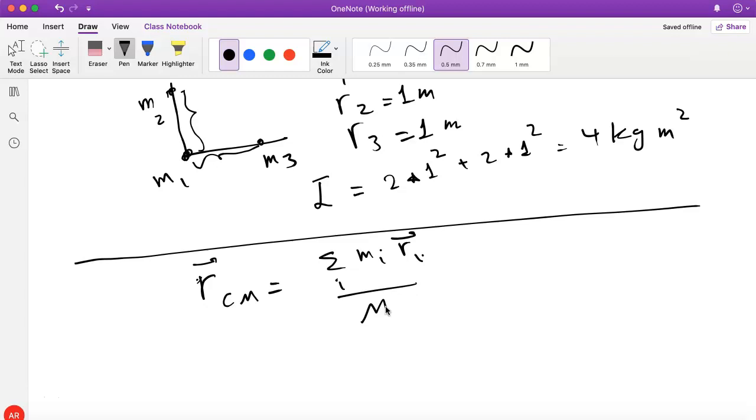If you just fix your coordinate system, you find where the center of mass is, and the distances between the center of mass and all points of the object don't depend on your coordinate system.